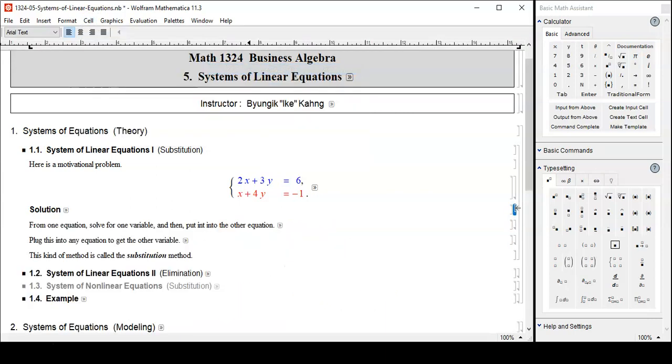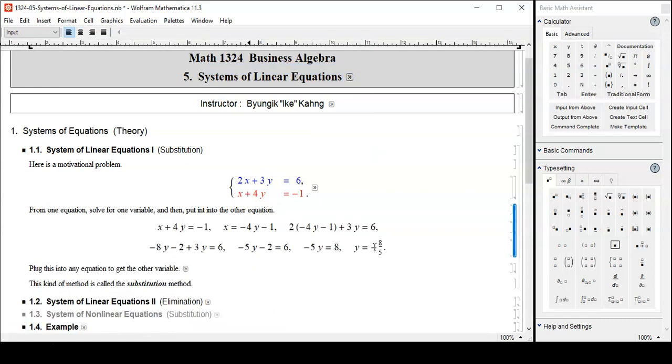Let's see, what did I do here? The same. Solve for x from the second equation, red, and then substitute it into the first equation, blue, and then break up the parentheses and take the like terms, we get the y value. Now substitute it back into the original equation, either blue, red, or this one.